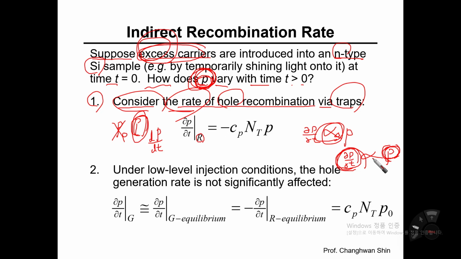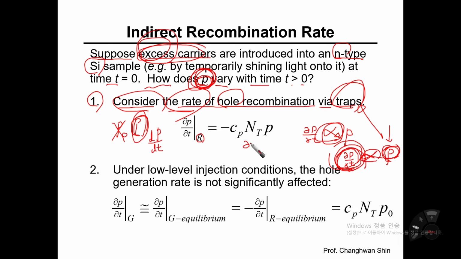Okay. Then what is the coefficient of this relationship? How the holes are annihilated or killed by electrons, through the trap, right? If the total number of traps is very many, then this decaying process would happen at a fast rate.